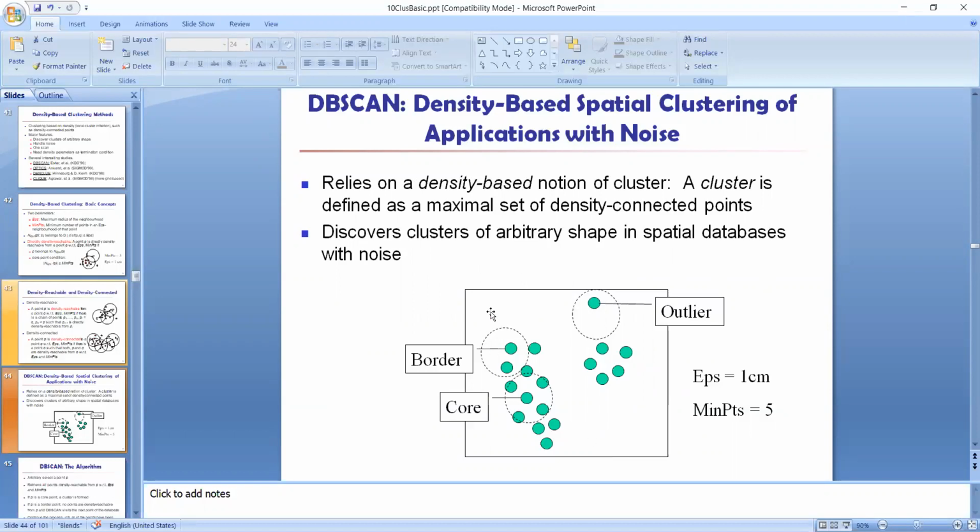You can see in the figure, suppose I'm taking epsilon as 1 centimeter and minimum points as 5. If I'm taking this point, I can draw a circle. This is the neighborhood of this point. Then how many points are there? 1, 2, 3, 4, 5 points are there. So I can call it a core point.